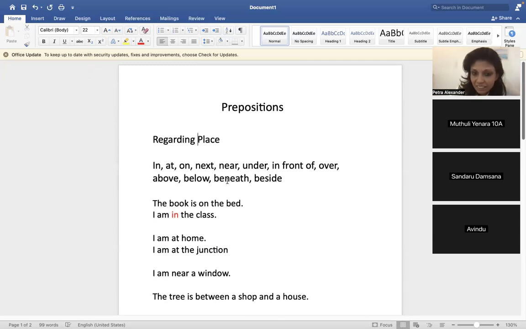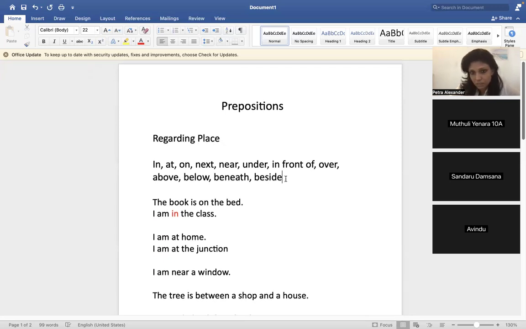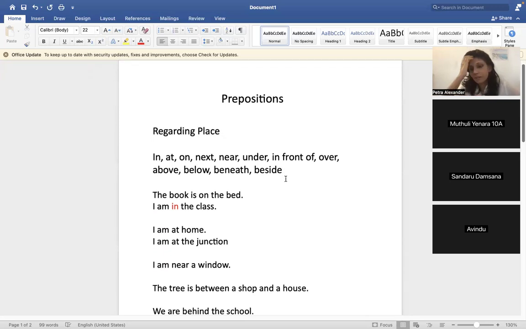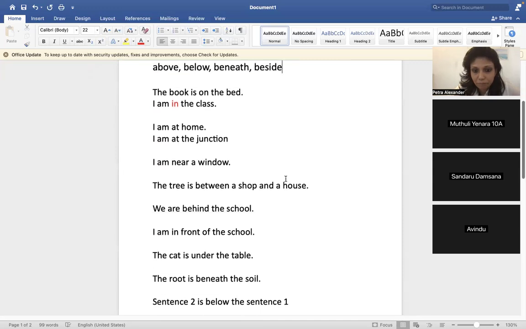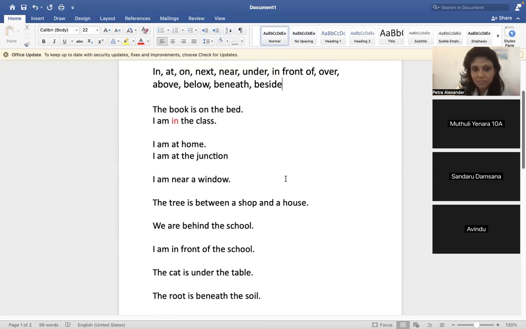Beside is next to. So if there are not familiar prepositions, you can write with the example. But don't write all.